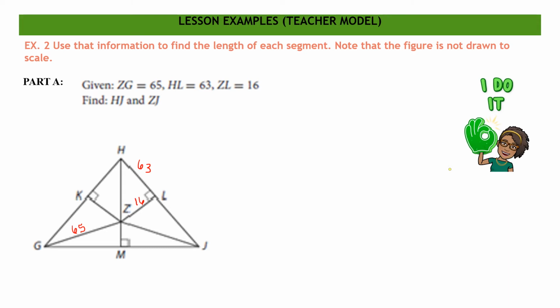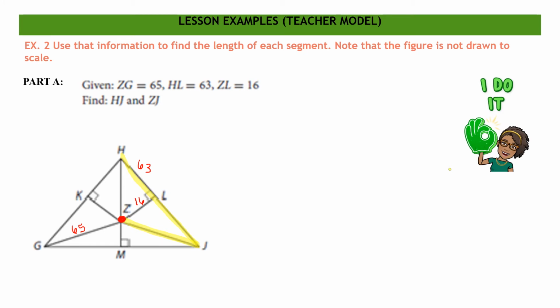We are trying to find H to J, this segment right here, and Z to J, this segment here. We know we're dealing with perpendicular bisectors, and we have 3 of them here. When we have 3 perpendicular bisectors, it creates a circumcenter, which is Z.